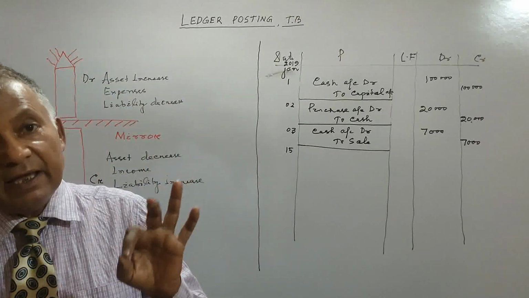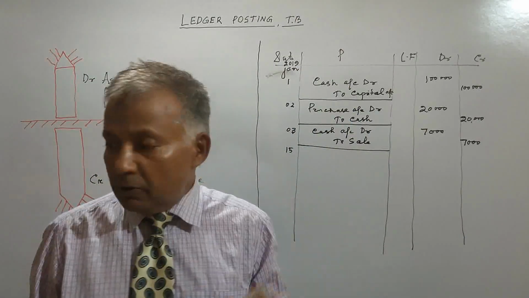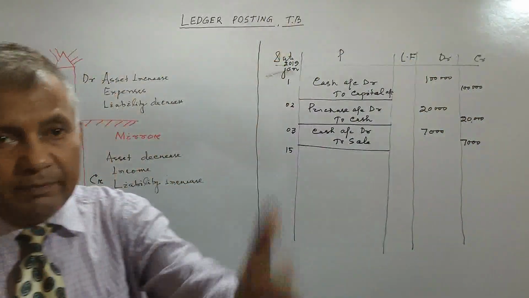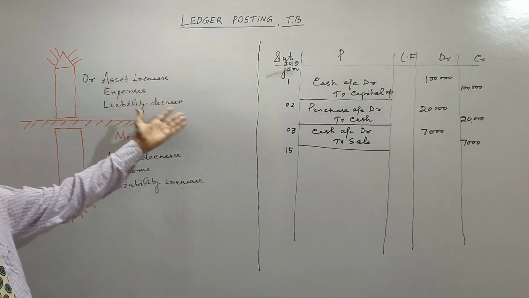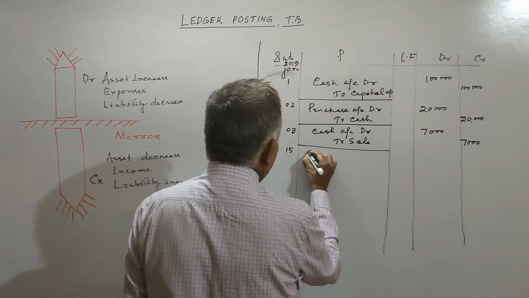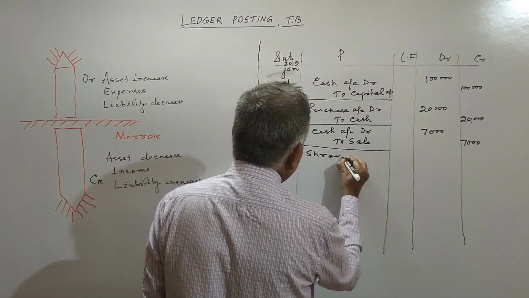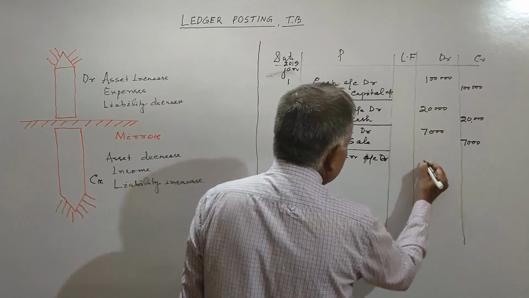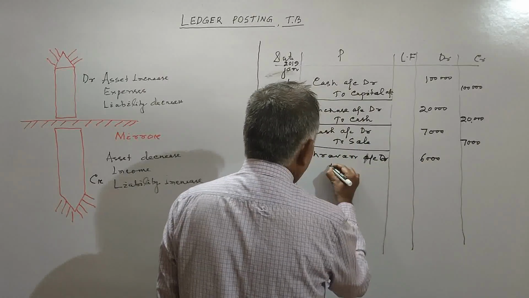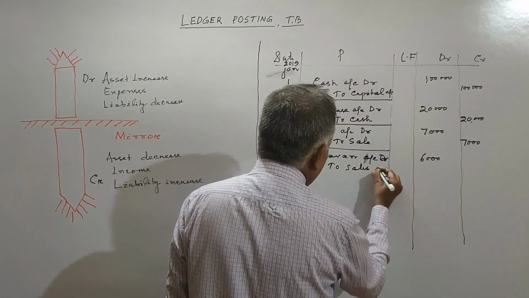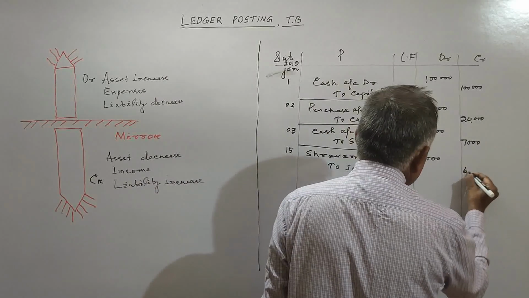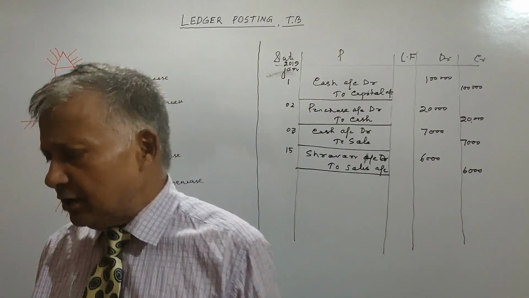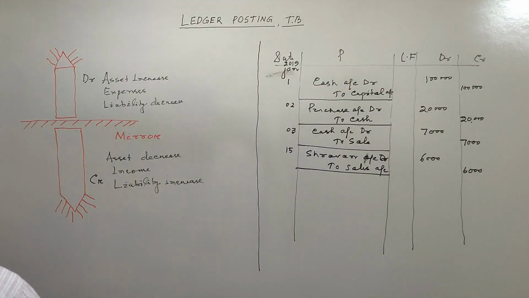So Shravan is a customer, account debit, customer is an asset increase. So Shravan account debit 6,000 to sales account, also 6,000. This is Shravan account debit 6,000 to sale.